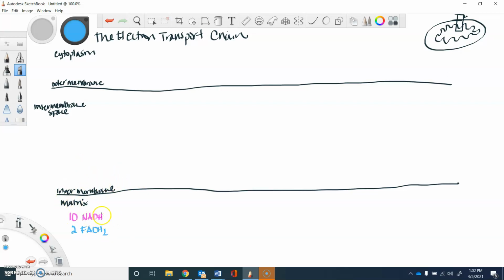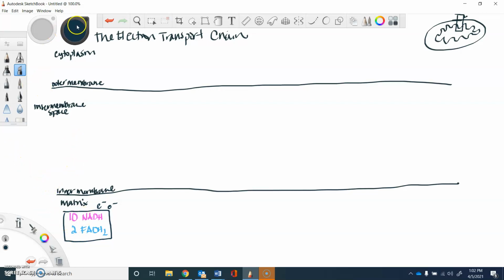So what do we do with all these electrons? Remember, these are carriers, so they're holding on to high energy electrons. And we've got 12 pairs of them.